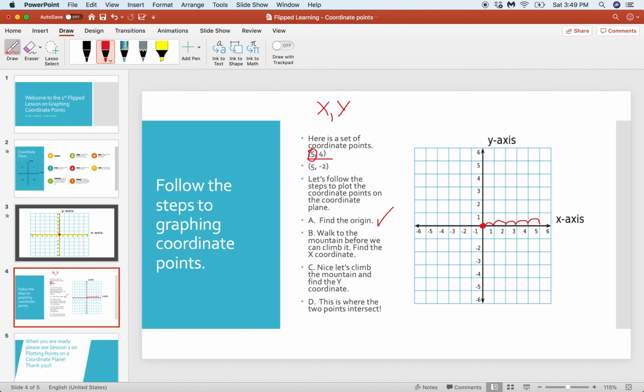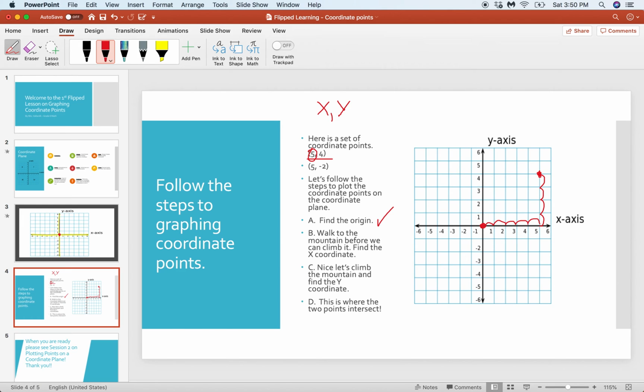I'm going to start where I left off when I plotted my x coordinate, and I'm going to go north because 4 is greater than 0, in this case 4 units above 0. So 1, 2, 3, 4. And then I'm going to place a point right here, which indicates where those two values intersect.